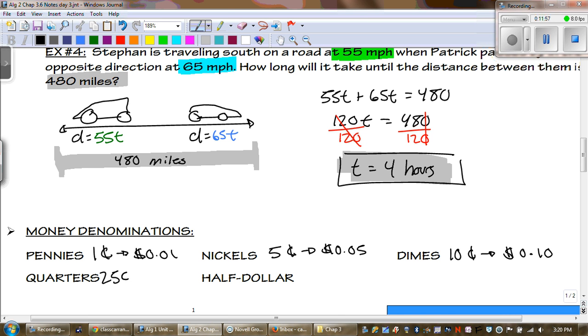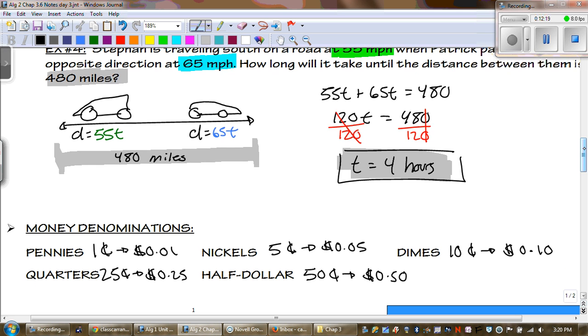Quarters, 25 cents or 0.25. And a half dollar, which we really don't see anymore, 50 cents or 0.50. Okay? All right, let's go ahead and flip it over.